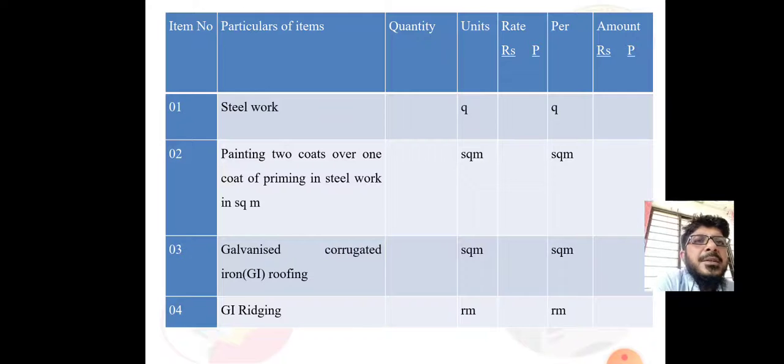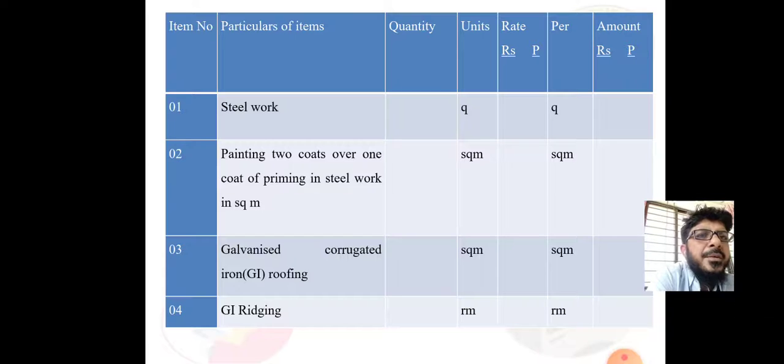Here are some of the items we have to cover. First one, we have to calculate the total weight of the steel. That is item number 1. The unit for this is either kg or quintal, and that total quantity we have to find and multiply it with the latest rate per kg of steel.